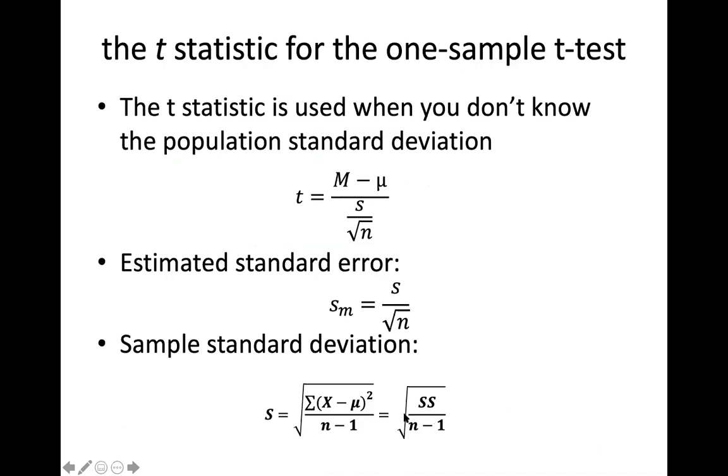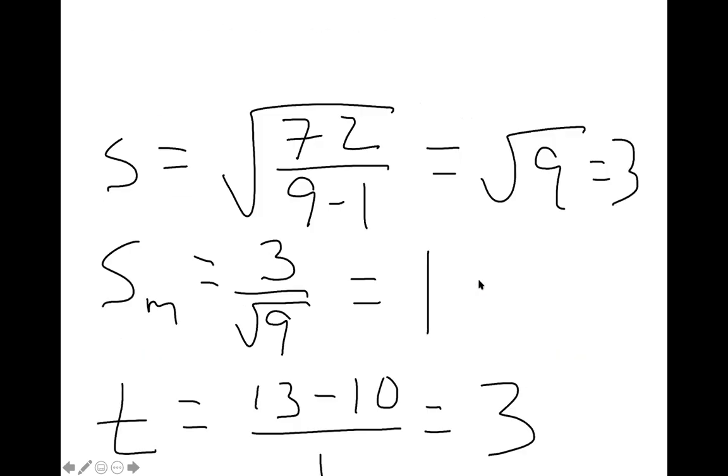Our n was 9, so n minus 1 equals 8. 72 divided by 8 equals 9. The square root of 9 equals 3. So the sample standard deviation is 3. That 9 that I had in the previous slide, the typo, I gave you the variance. That was the variance equals 9. But when we take the square root of that 9, we get 3, which is the standard deviation.